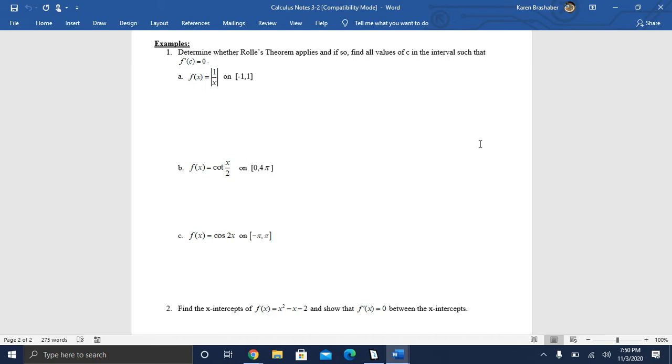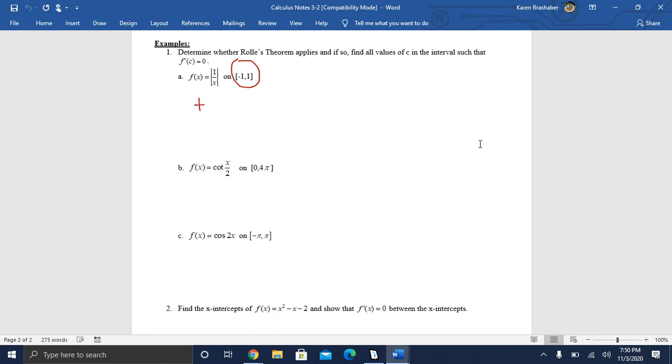So we need to check the interval from -1 to 1, and if this function is not continuous in that interval, then Rolle's theorem doesn't apply. Well, that is the case.